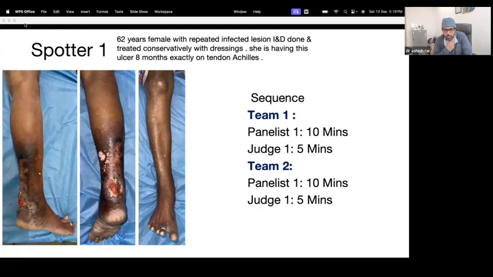Okay. 2 marks to team A. So coming to team B. As team KGMU said, they will excise the ulcer first, and then they'll see how the bed is, and according to the bed they will plan their surgery. So as you can see, this is an ulcer in the tendo-Achilles area.